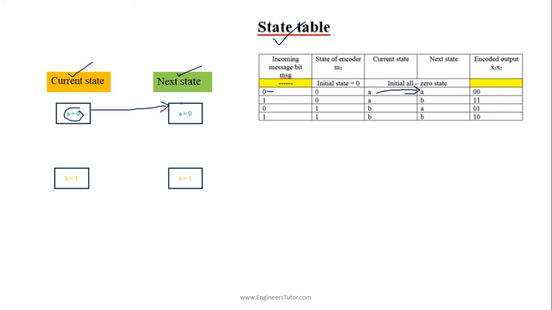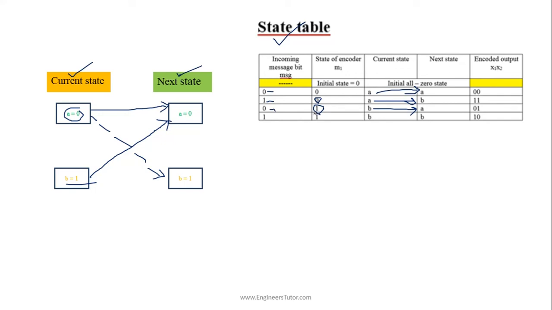diagram. Suppose we are at initial state 0 and the incoming bit is 1, we use a dotted line, the state changes from A to B. So the current state A to next state B. We use a dotted line to represent this case. And if the initial state is 1 and the incoming bit is 0, the state changes from B to A. As the incoming bit is 0, we use a solid line to represent this condition.